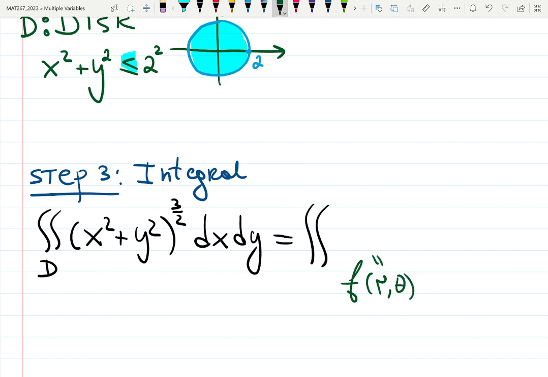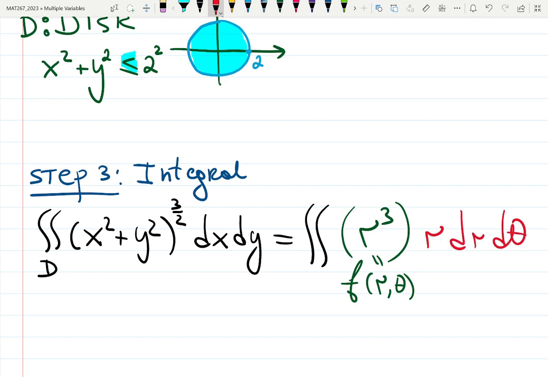We successfully converted our f into r cubed. The formula says this is polar, so it's r dr d theta. Don't forget that.